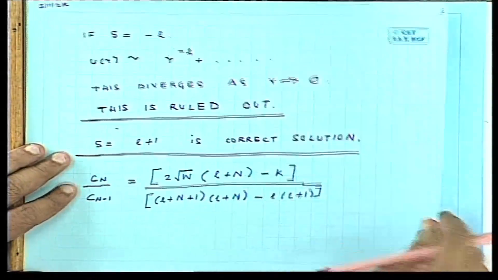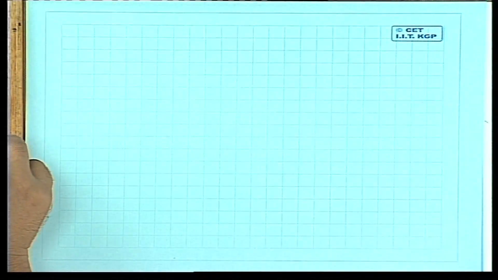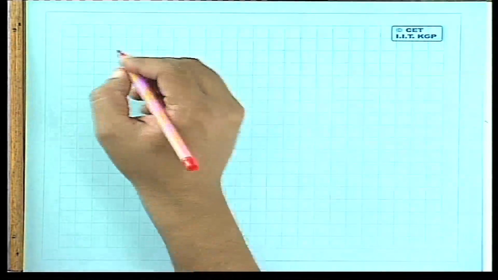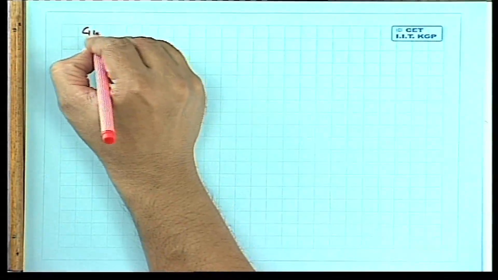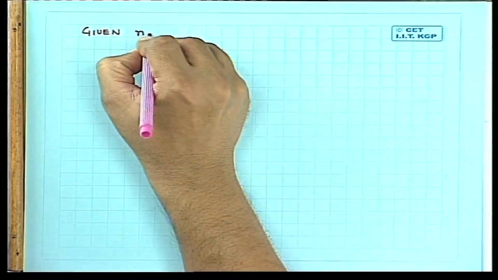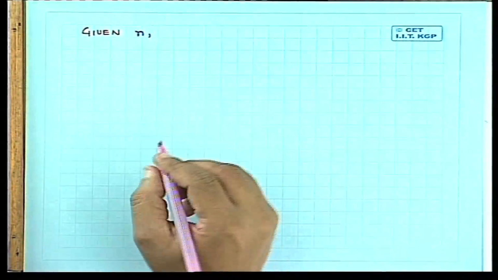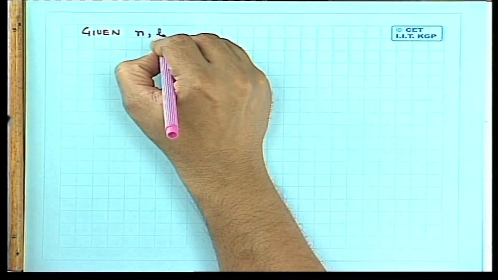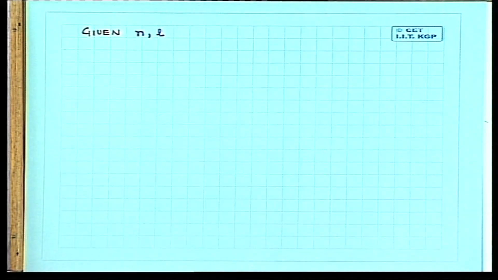So let us do it. We are given n, the total quantum number, the principal quantum number, and l, the total angular momentum quantum number.